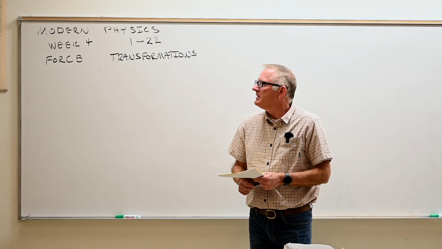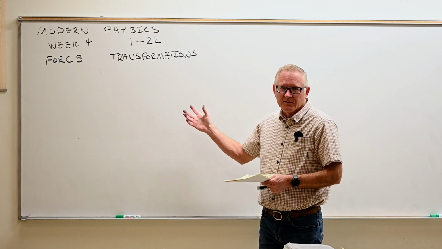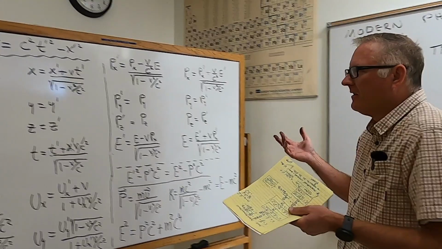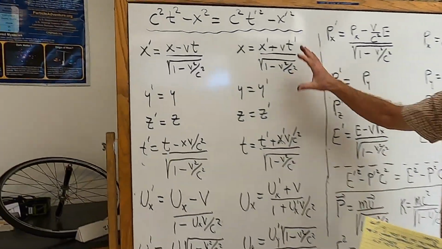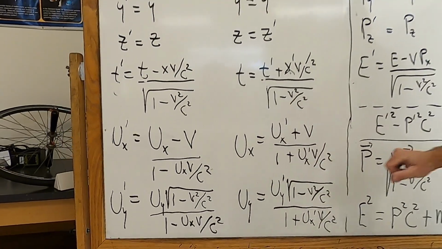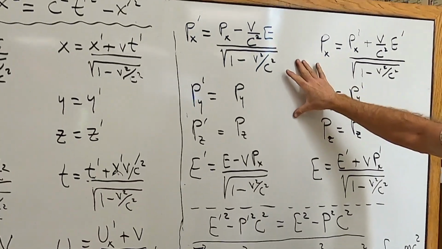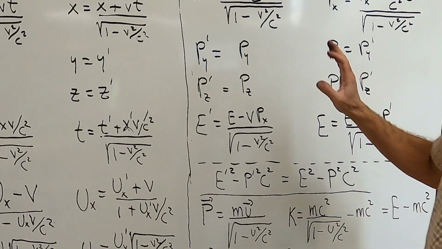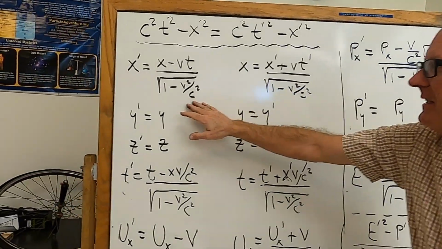So this lecture is on force transformations. Okay, so here is again our transformations. Here are our x, y, z, t, velocities, momentum and energy, right here. And again, we said how much these look alike.